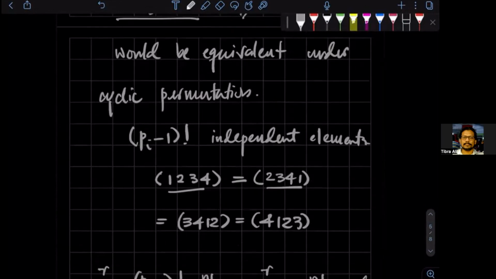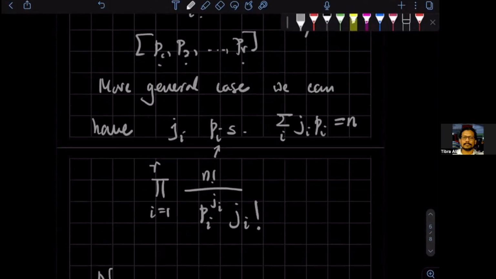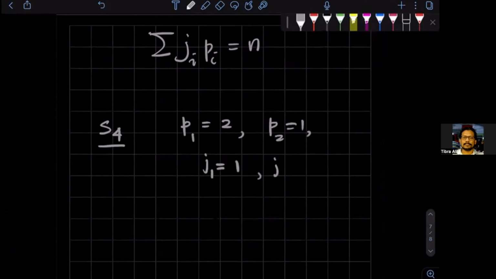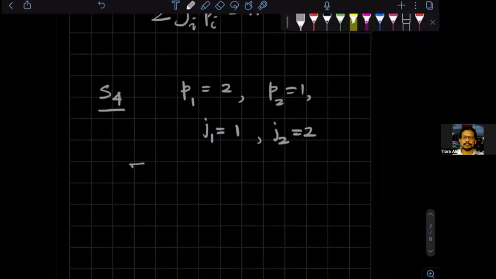So for example, let me just give you an example. Suppose we were discussing S4, right? So for S4, let's look at say p_1 equals 2 and p_2 equals 1, where j_1 is 1, j_2 is 2. So what does this mean? We write this as 2^1, 1^2.